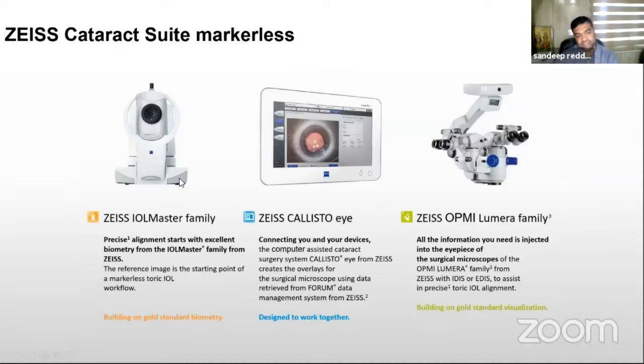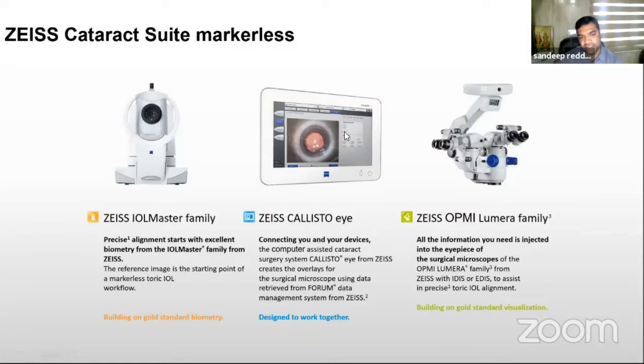What the IOL Master 700 or 500 does is take a picture of the eyeball, mark the limbal blood vessels, and mark the astigmatism. This is then transferred to the Callisto system in the OR through LAN cables, or, if LAN cables are not available in the OR, even using a small hard drive.